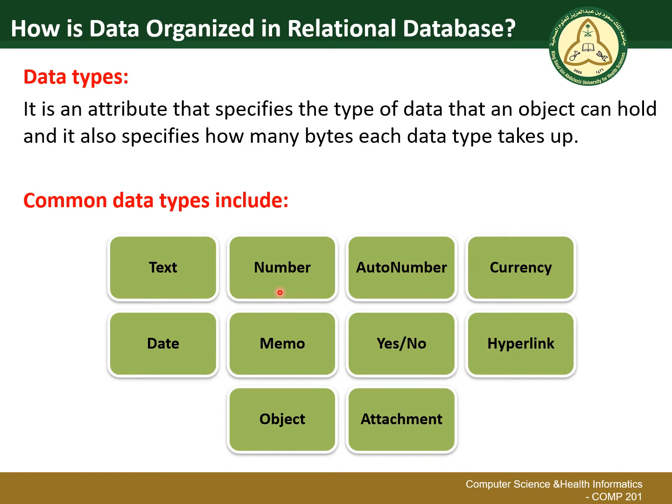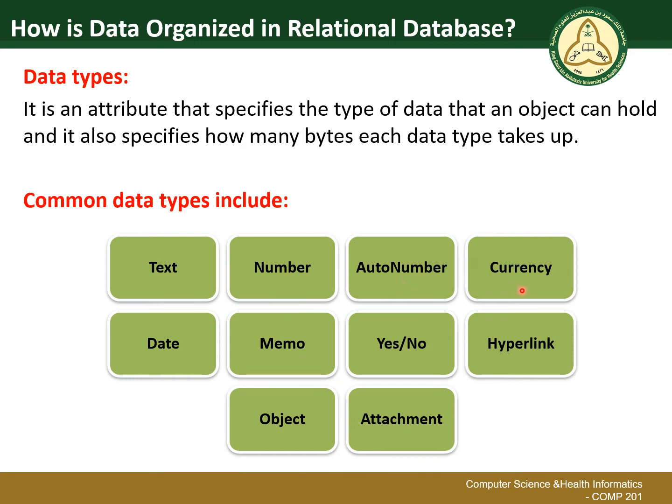Number stores different types of numeric data, numbers or decimals. Auto number will generate a number incremented by 1 automatically. Whenever a new record is added to the table, the number will be generated automatically.